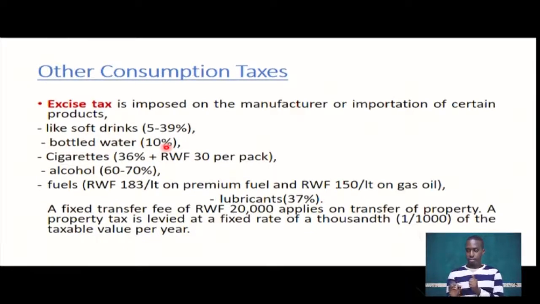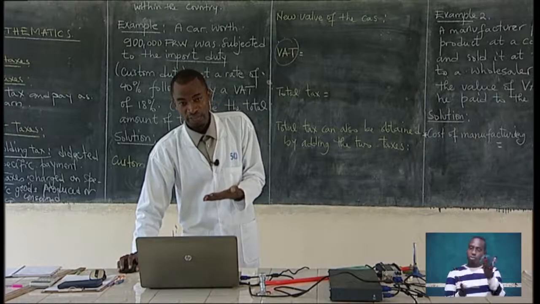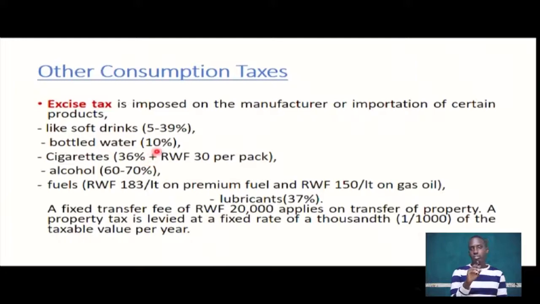And for cigarettes, 36%. They try to raise it because cigarettes are dangerous to people's health, so they charge a lot. Compare that with soft drinks, which vary from 5 to 39 depending on the type.